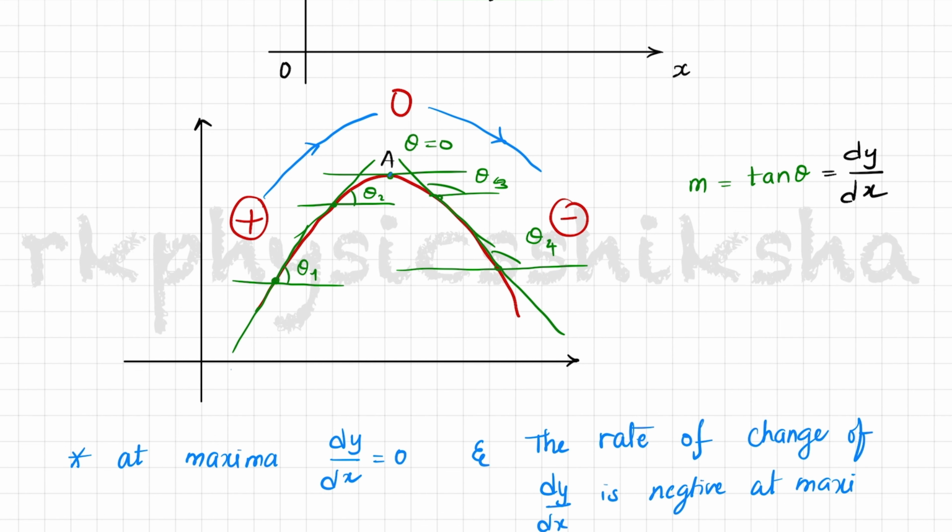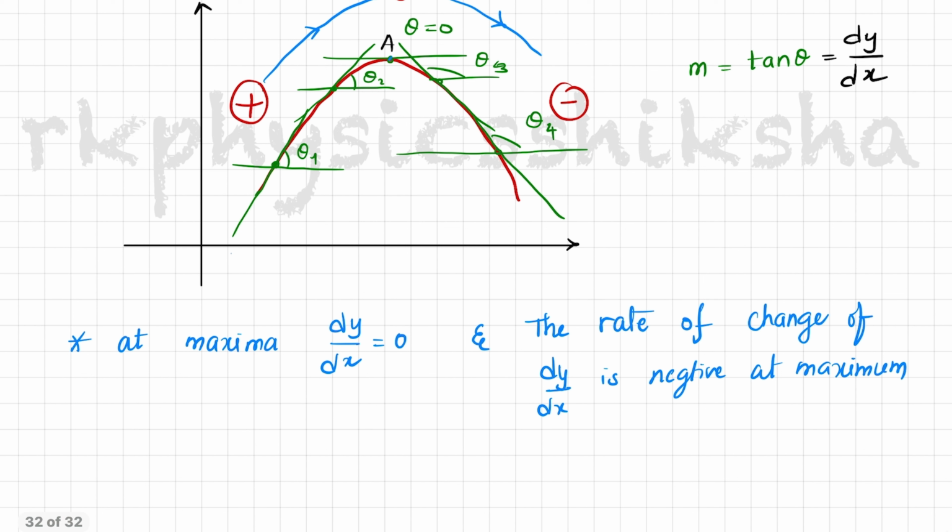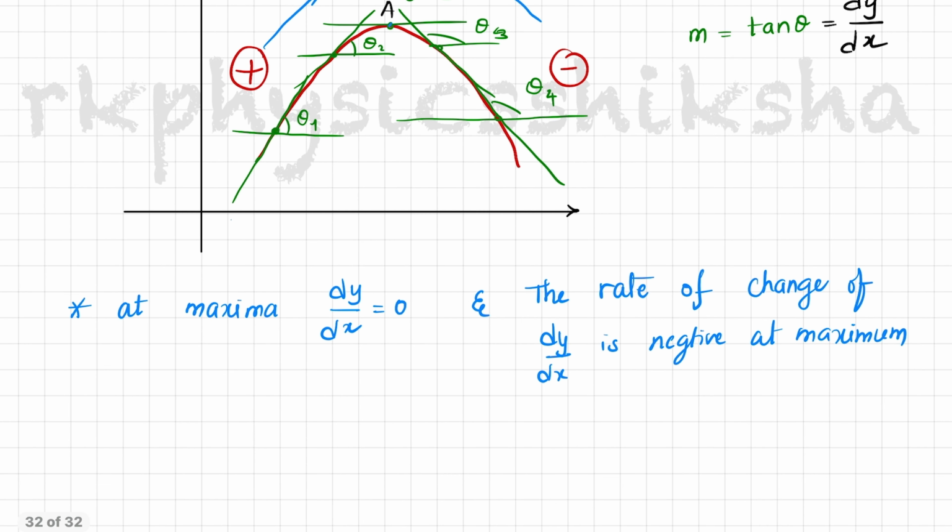It becomes 0 at maximum, and moving further it becomes negative. So the d by dx of the slope, that is the dy by dx, is going to be negative, that is less than 0, at maximum.